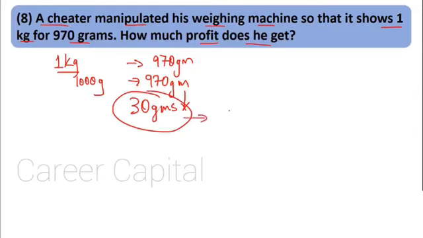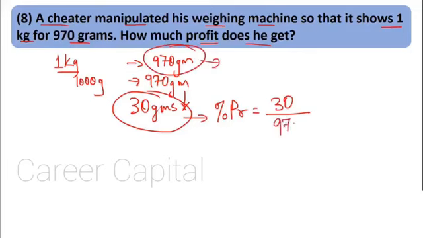How to express it in percentage? Percentage profit is nothing but profit, that is profit in grams, divided by cost price. Do we know the cost price over here? No. But what we know is, when the weighing machine is showing 1 kg, the real or the actual weight is 970 grams. So this is the actual value, this is the cost price. So divided by 970 multiplied by 100, this gets cancelled over here.